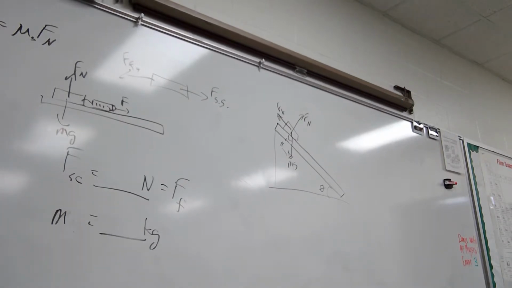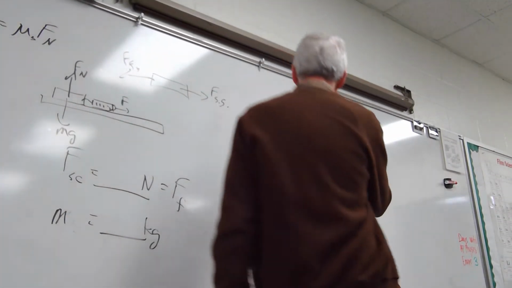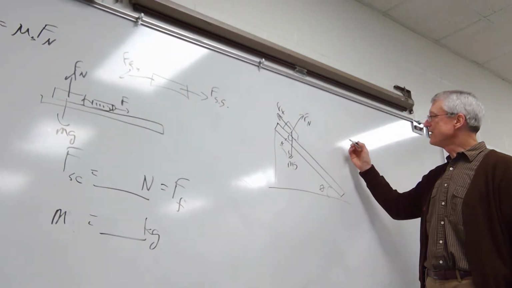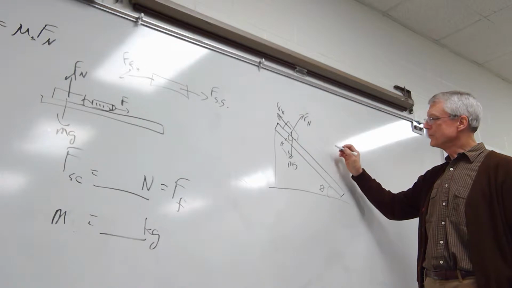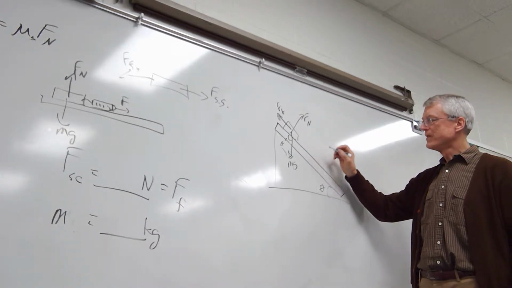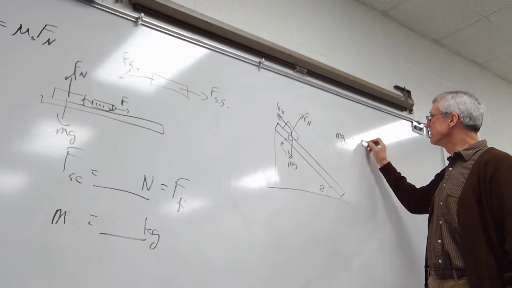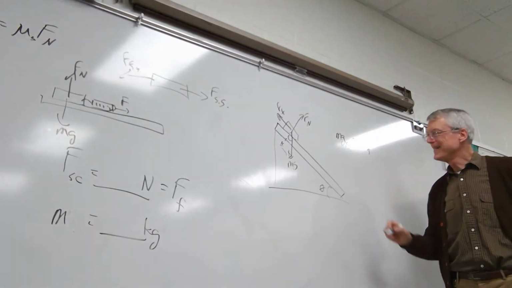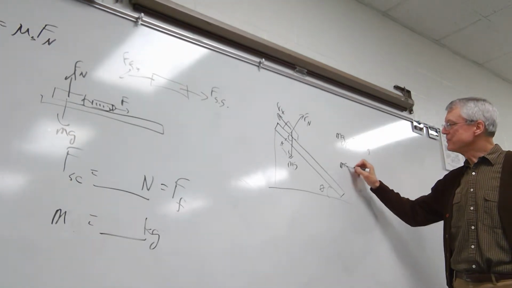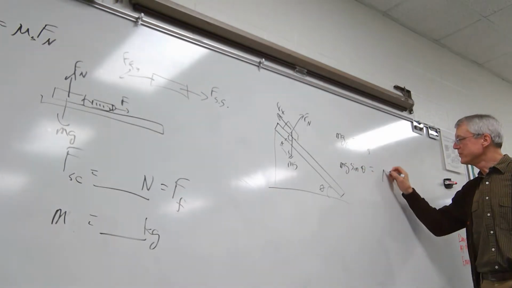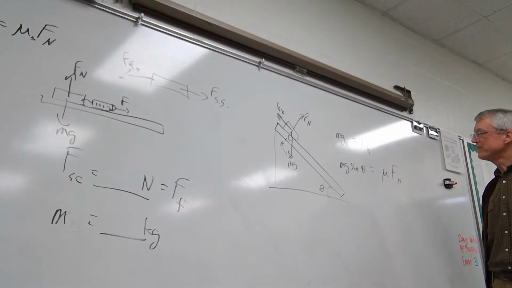That could be anything. If you're doing it this way, now you're saying that mgx is equal to friction, right? And mgx is mg times the sine of theta, and that's equal to friction, which is mu times the normal force.